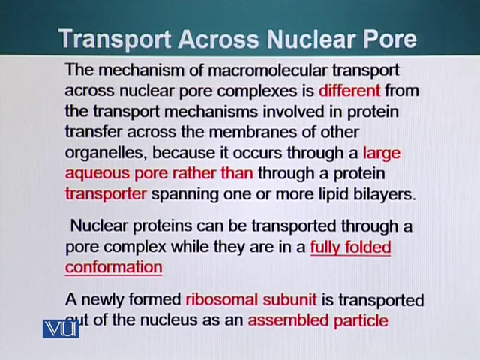Because these ribosomes are assembled in the nucleolus, it would be pointless to assemble them there and then disassemble them in the process of transporting them to the cytosol. So this is one big exception to our rule of protein transport to different organelles. The nucleus is the only organelle into which fully folded proteins can enter.